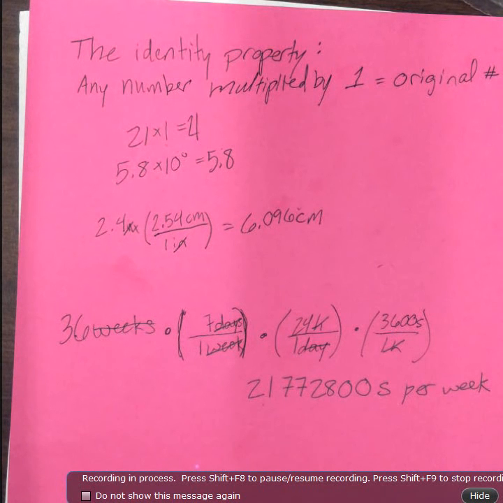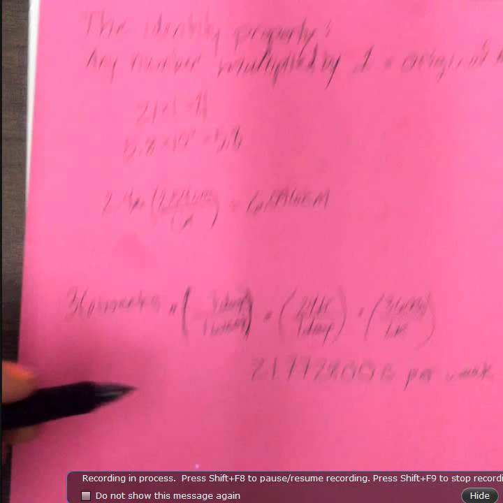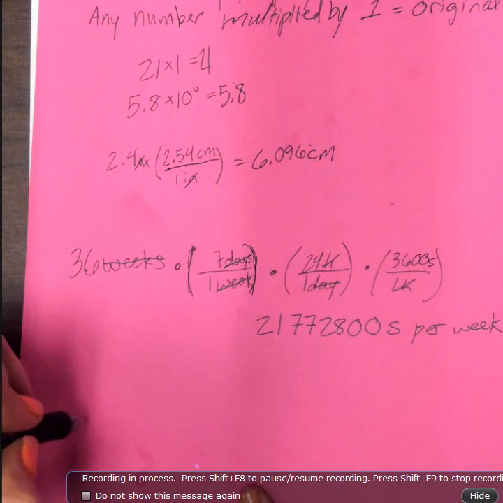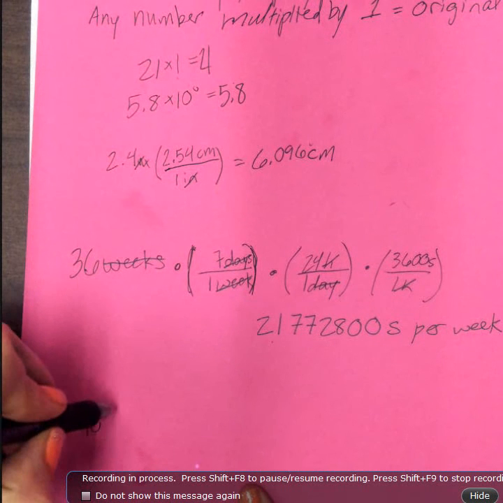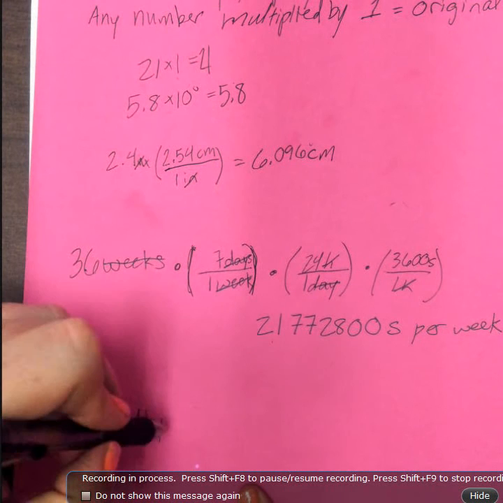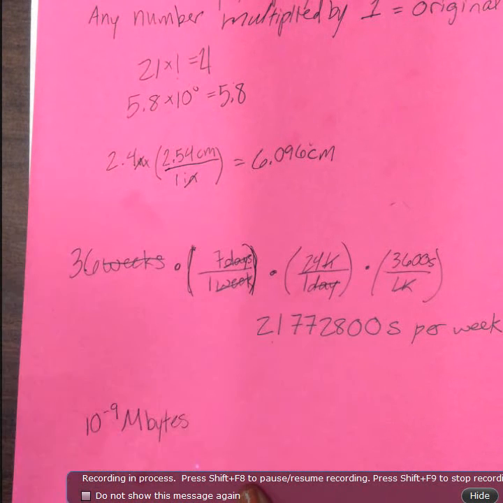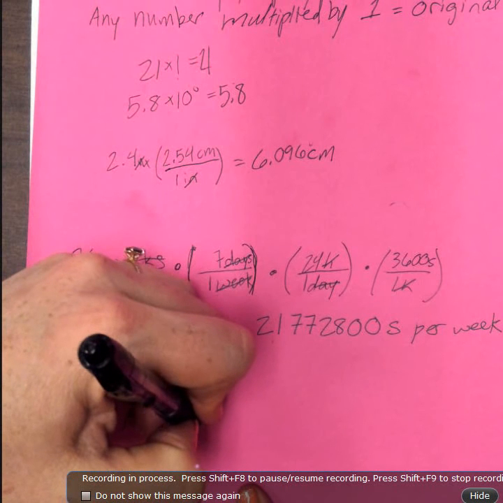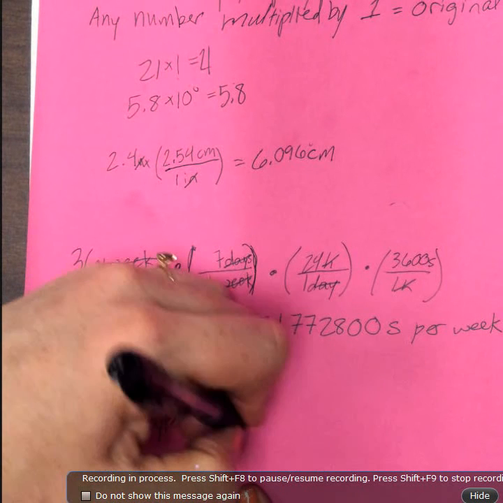We can likewise cancel units when we're converting with prefixes. If I have 10 to the negative 9th megabytes, I can turn that into regular old bytes. Let's come up with the relationship.